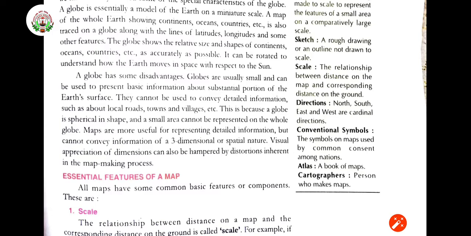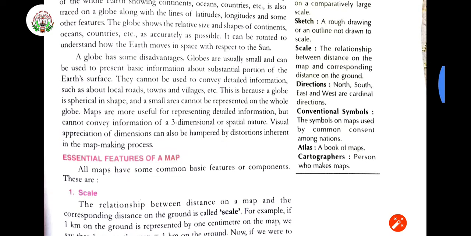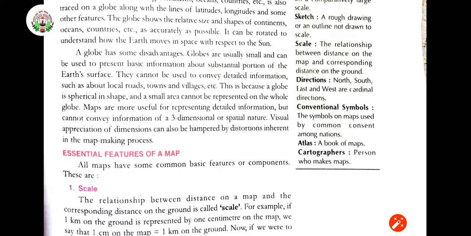And a small area cannot be represented on the whole globe because it represents the whole world, right? So it is not able to find the particular village or place. It shows the oceans, continents, countries and all, but specifically we have to go to that particular place, so we are not able to find it from the globe.